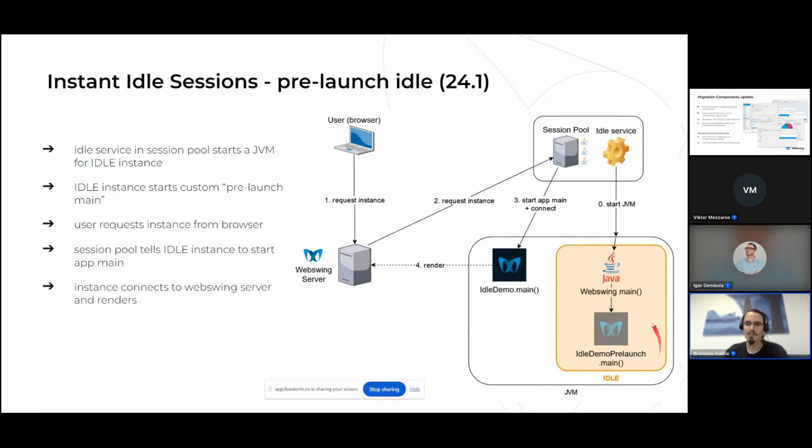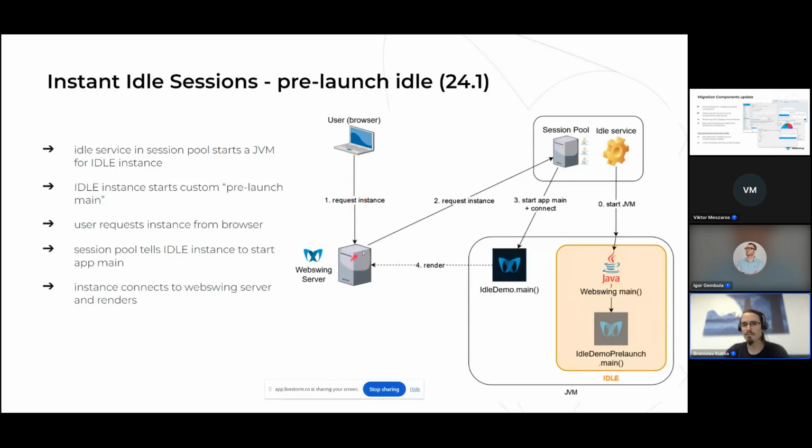And here in this class, you can do whatever task you need to do to prepare the application for the launch. So if you need to initialize the backend or connect to the database or load some library, you can do it here, and it will be prepared in the idle instance when the user connects.